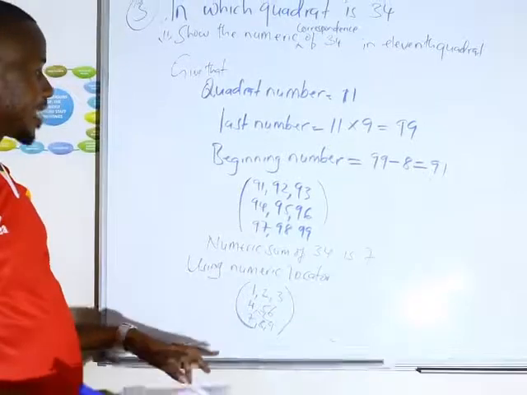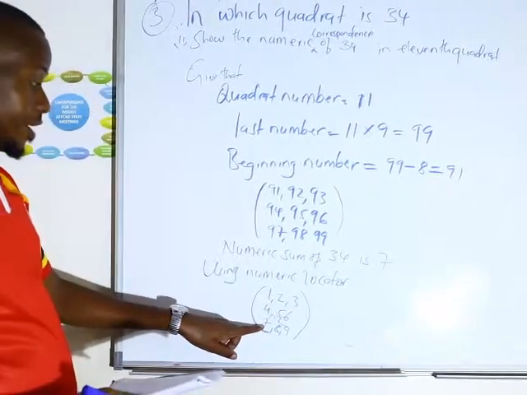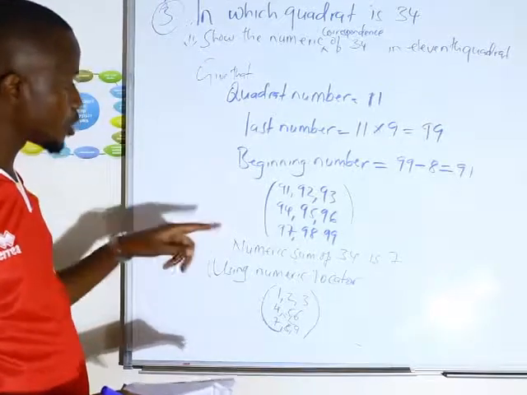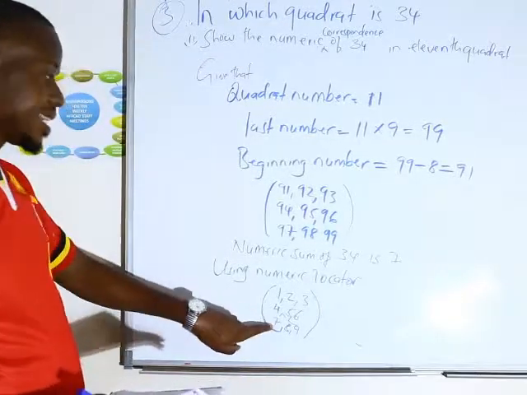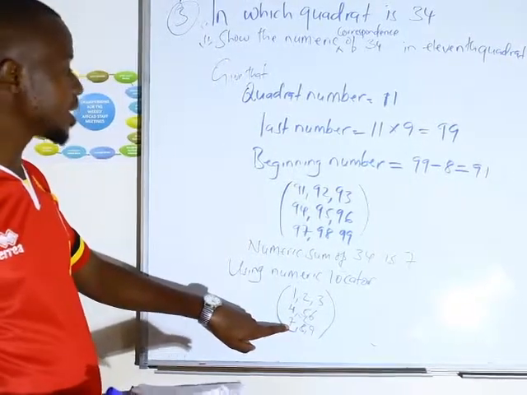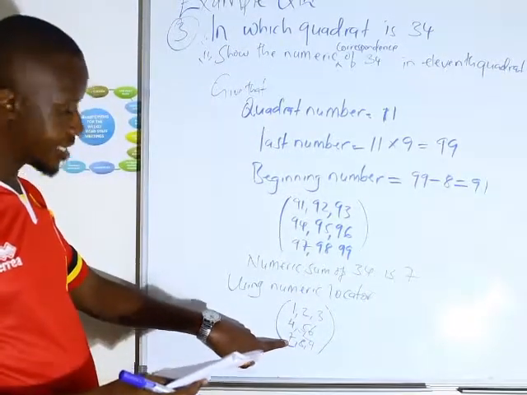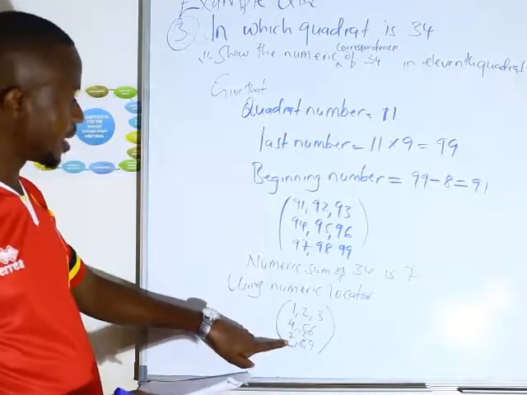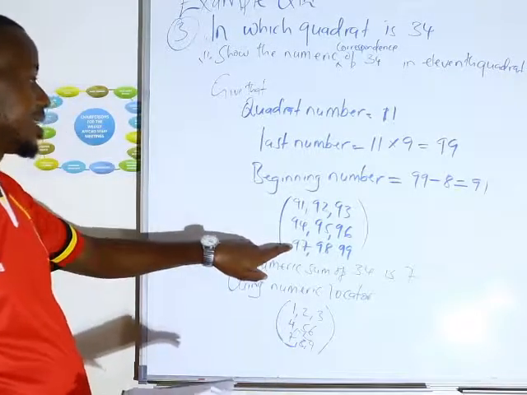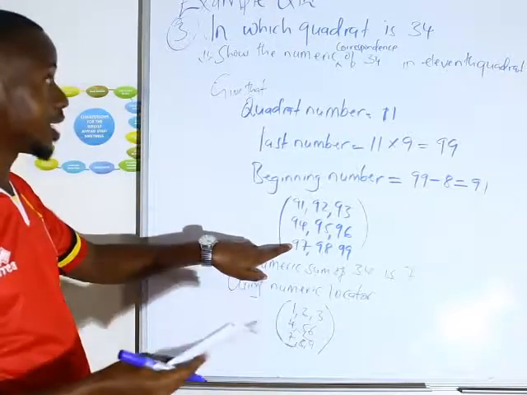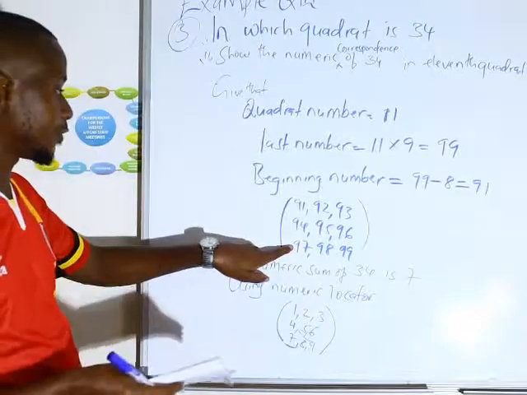So, since 34 corresponds to 7, even the number which corresponds to 34 must lie in the same position as 7. So we find out which number lies in the same position as 7 in the 11th quadrant. It is 97. Let us find its numeric sum to confirm that it corresponds to 34.